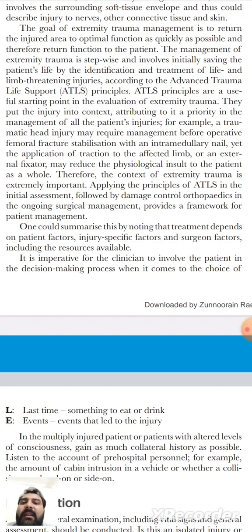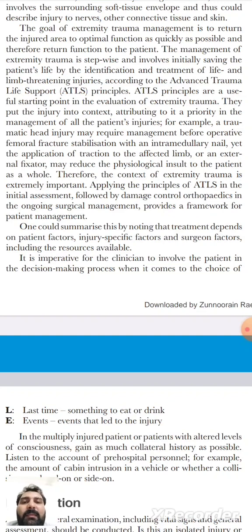The management of extremity trauma is stepwise and involves initially saving the patient's life by identification and treatment of life and limb-threatening injuries according to ATLS protocols. First, we address the life-threatening injuries, then limb-threatening injuries, and then the minor injuries. Life-threatening injuries we have already discussed. What are limb-threatening injuries?